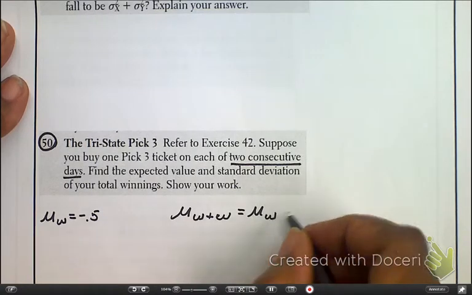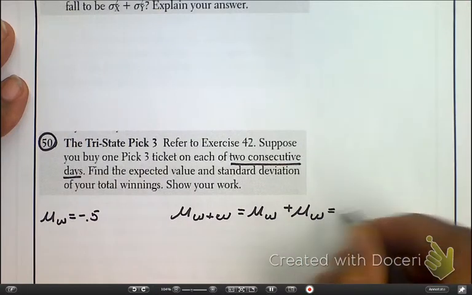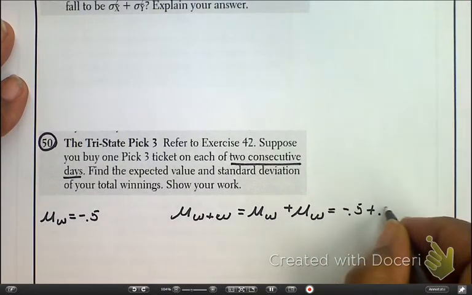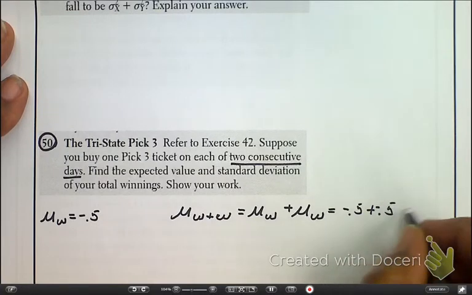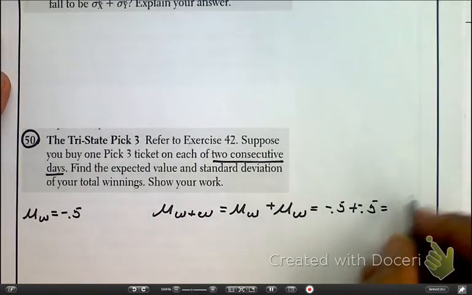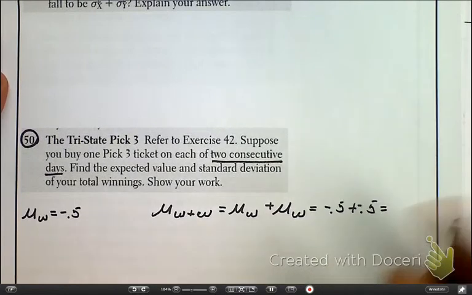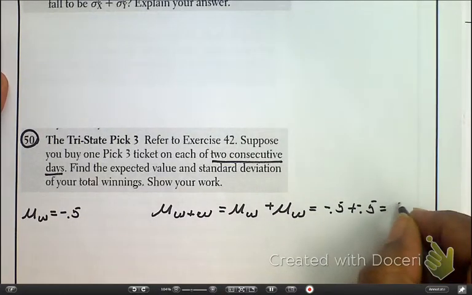Well, that's just going to be a negative 0.5 plus a negative 0.5. So the mean of winning on 2 consecutive days, basically you're losing money both days. And that's going to be the loss of $1.